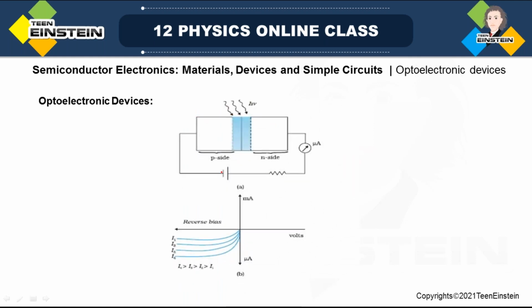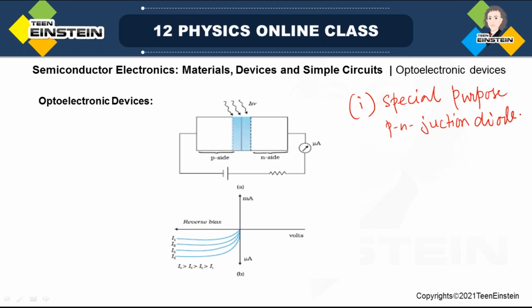Photodiodes are actually special purpose PN junction diodes. I'll write a few points. Both the P and N sides are heavily doped.